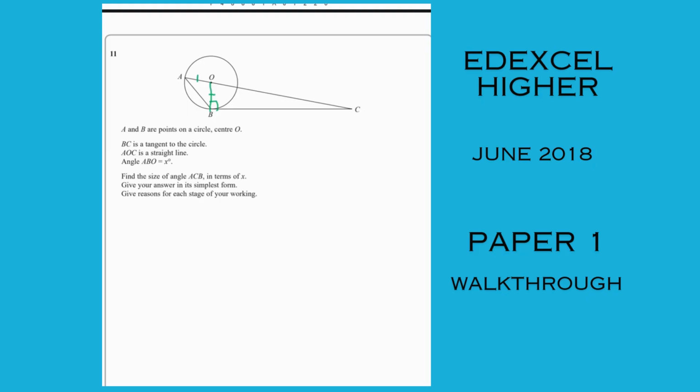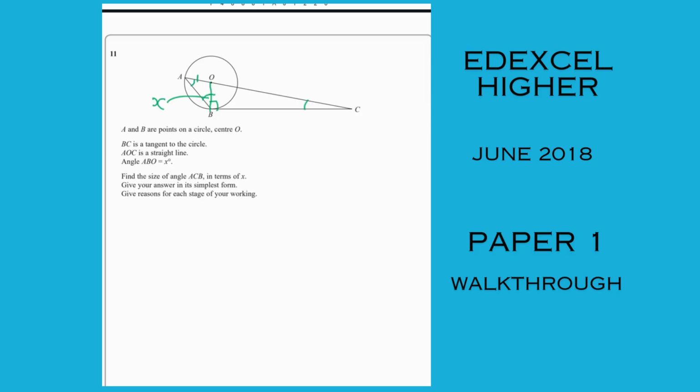So now let's go through the logic. Find the size of angle ACB. So it wants this angle, and it tells us to call ABO, that's this, call that X. So, due to the isosceles triangle, base angles in an isosceles triangle are equal.